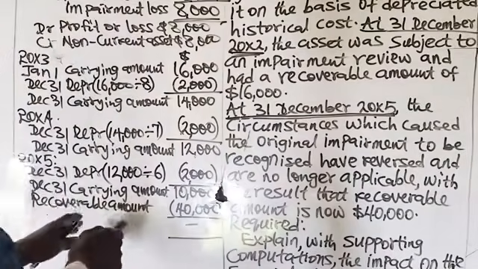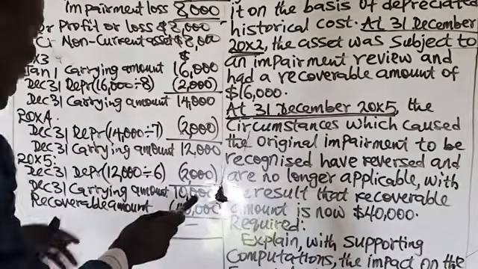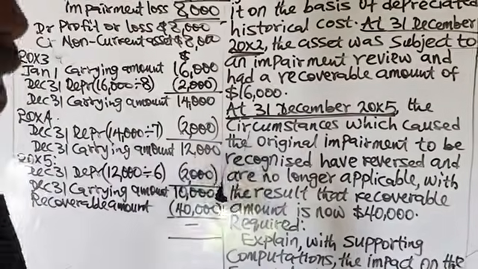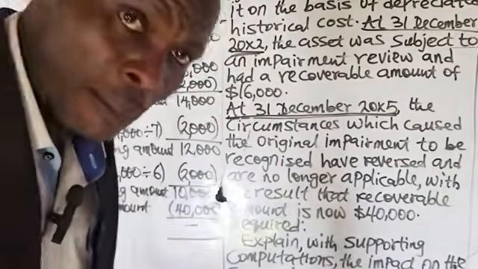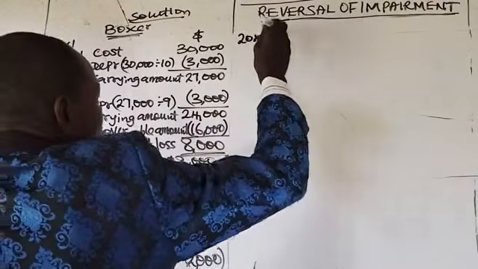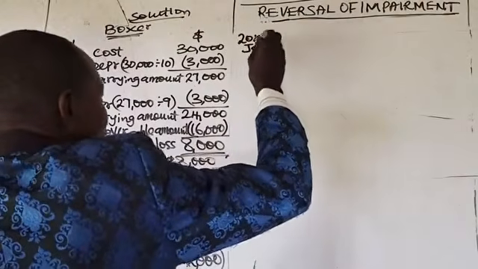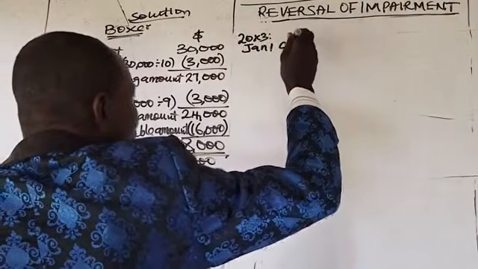And you now compare it with this carrying amount, in order to ascertain the amount you will reverse as impairment loss. 20x3, as at January 1st, you have the carrying amount.